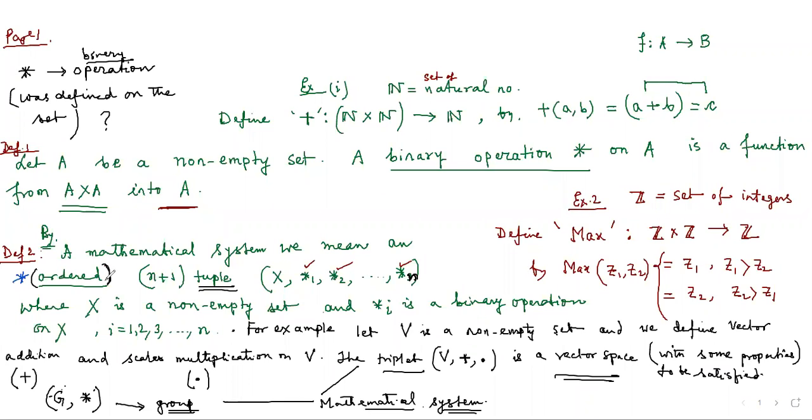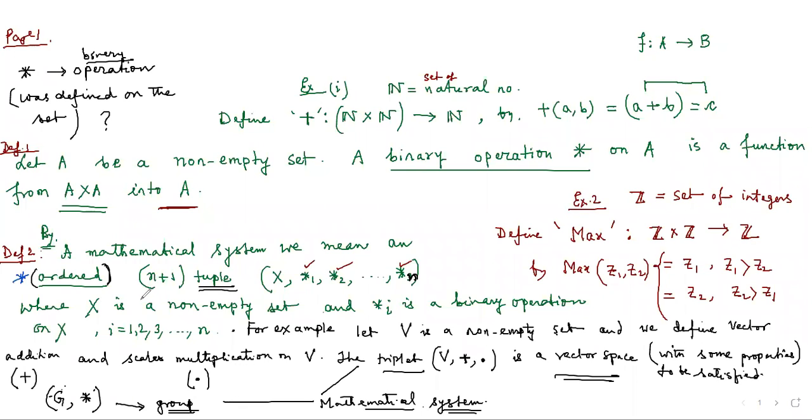I have not formally taught you function in the class, but when I do so, I will connect all these words, relations, functions, operations together. Then you will understand what I actually mean. First of all, I gave you examples of binary operation, the first example and the second example. Then I told you what we actually mean by mathematical system.